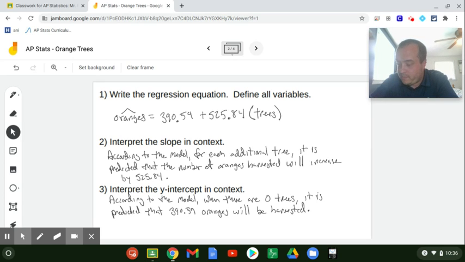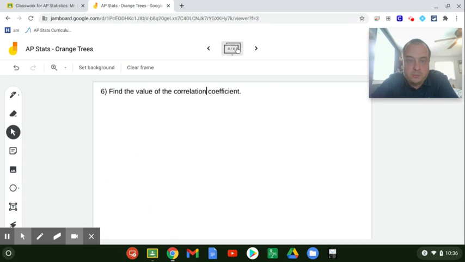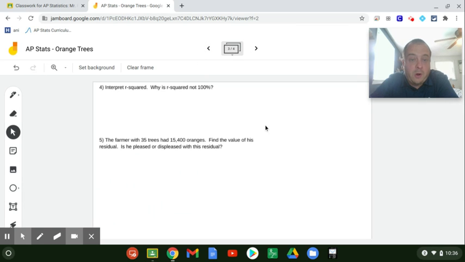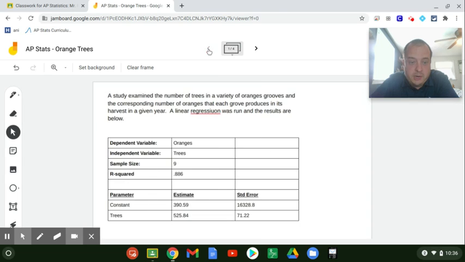All right. If we continue on here, it says, oh, sorry, too far. Interpret r squared. Why is r squared not 100? So we go back to the beginning right here. We have r squared is 0.886.